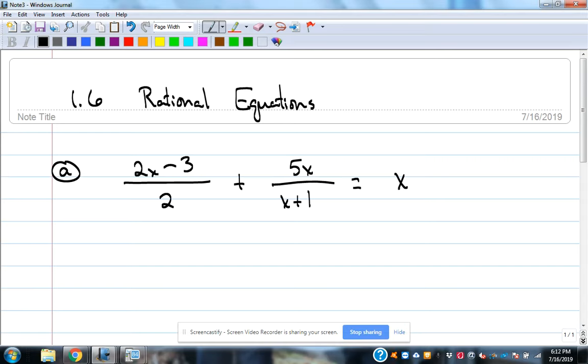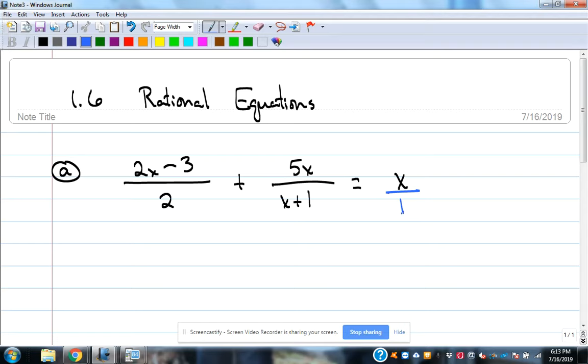So the key is getting the common denominator here. And what you want to do is, if there's a piece that isn't written like a fraction, turn it into a fraction. So I'm going to put that x over 1 so that everything's a fraction. Then look at the denominators and see, can I factor any of them? So I've got a 2, an x plus 1, and a 1. Can any of those factor? No, they can't.